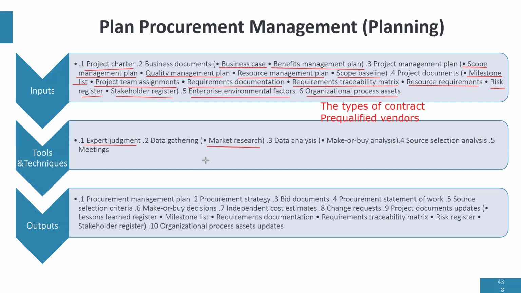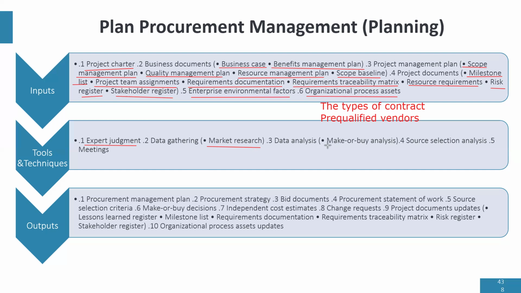That's exactly what you do when you want to go into procurement, you do market research. Which companies are able to provide this service for me? So you do your elementary research to find the possible vendors that can do the work for you, right?